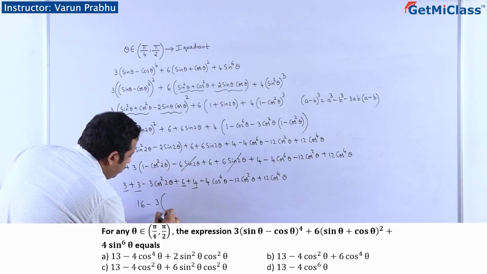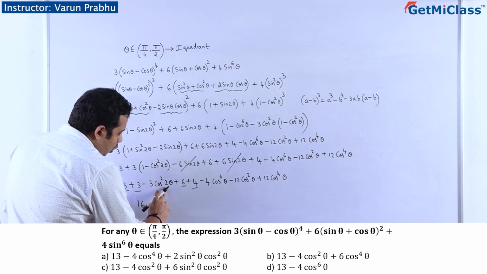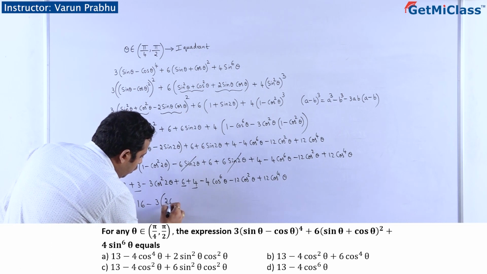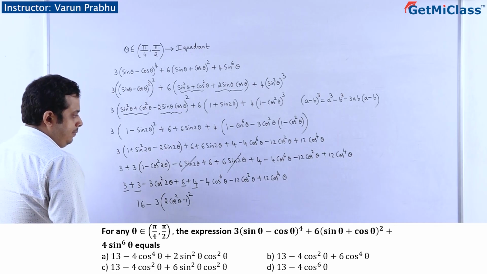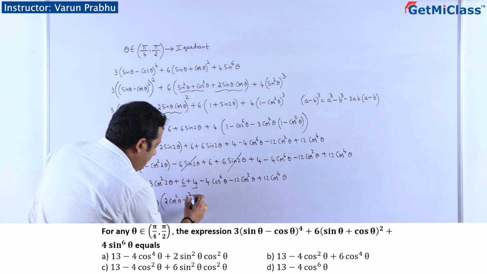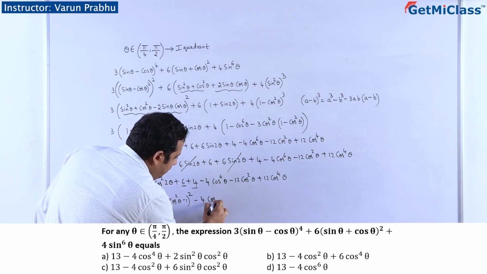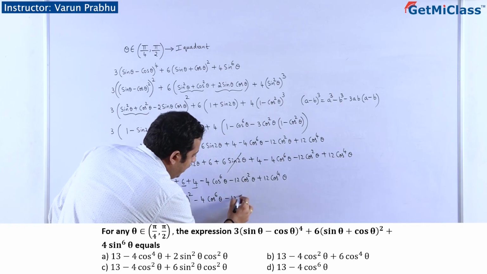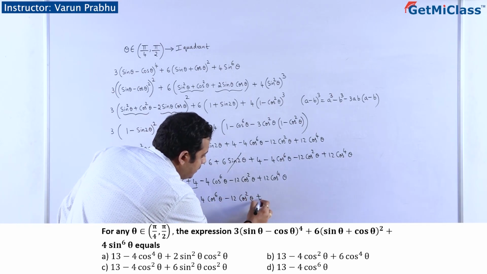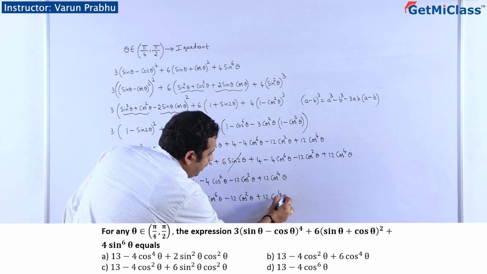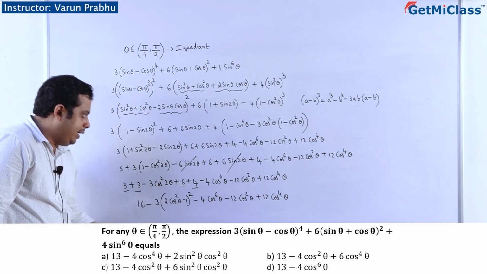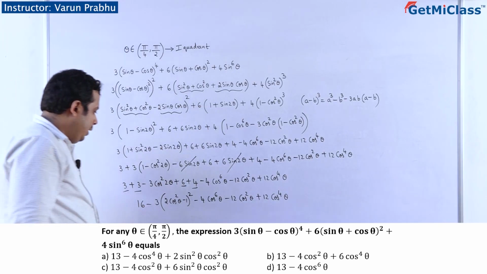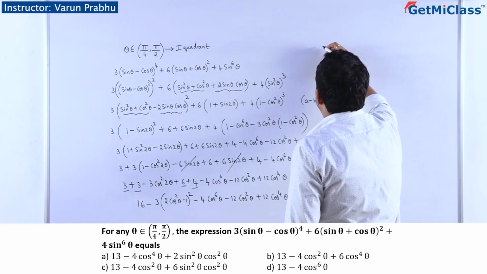Cos 2 theta can be written as (2 cos squared theta minus 1) the whole square, minus 4 cos to the power 6 theta minus 12 cos squared theta plus 12 cos to the power 4 theta. Look at this carefully. Cos 2 theta can be written as 2 cos squared theta minus 1. So what can we do here now? We will expand this and we'll get the answer to the question.